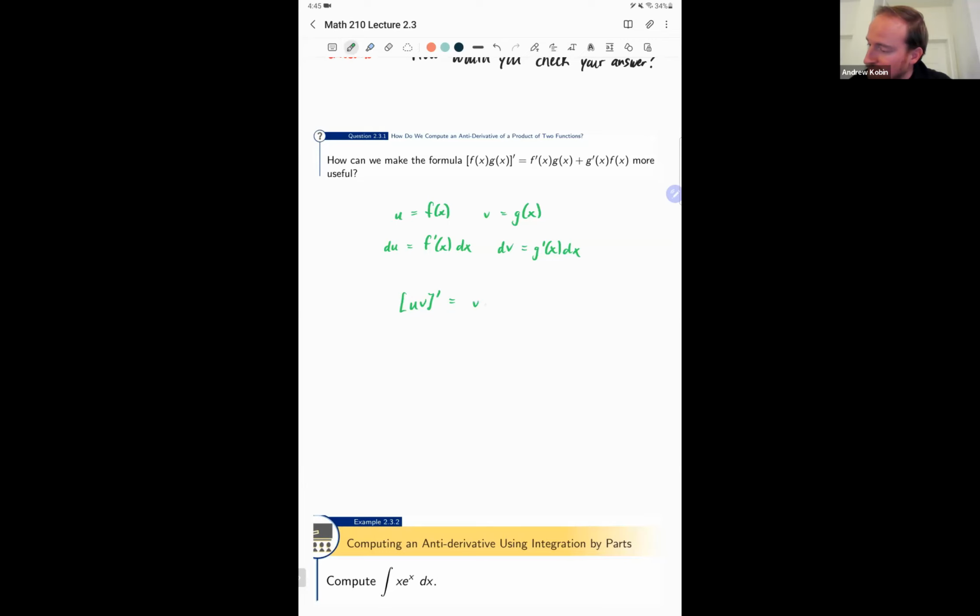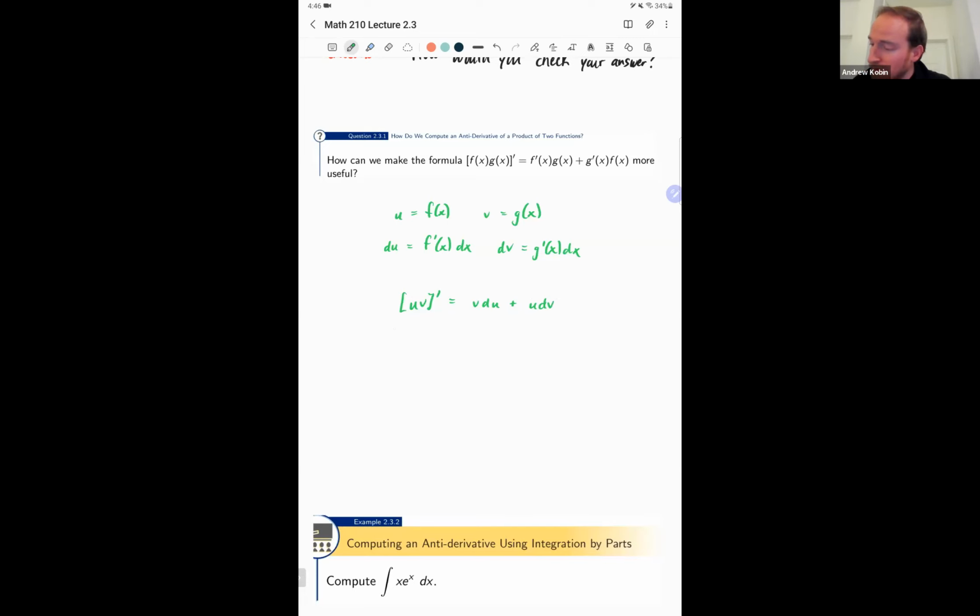So g is v, du. And then it's just the opposite for the other one. So f is u and g prime is dv. Now you might get annoyed that I'm dropping some dx's, but let's make it actually look like something with dx's when we take the integral.